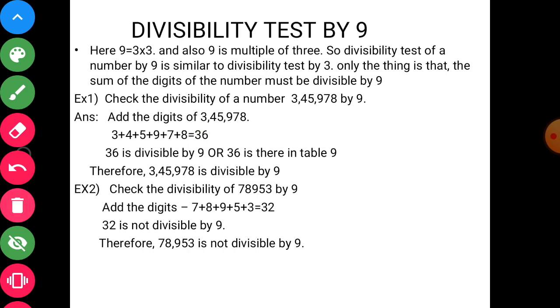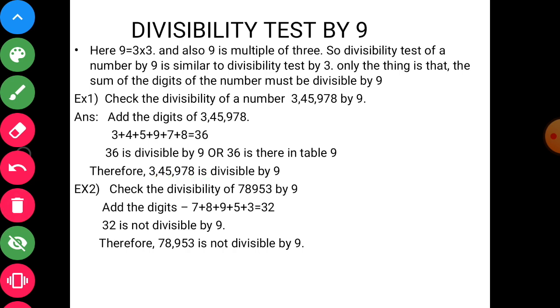How much will you get? 36. 36 is divisible by 9, isn't it? 9 4s are 36, or 36 is there in table 9. Therefore the given number is divisible by 9. 3,45,978 is divisible by 9 is your answer.